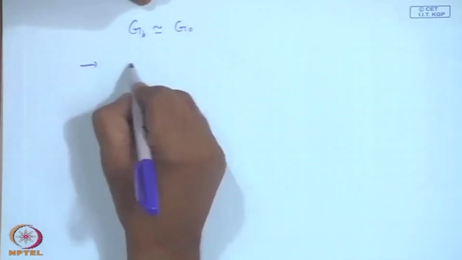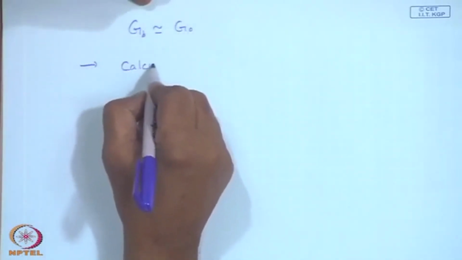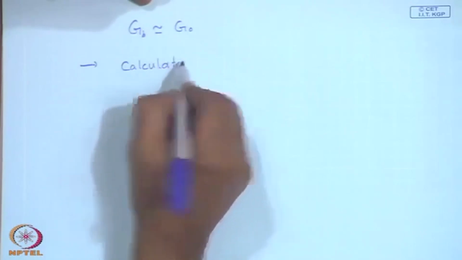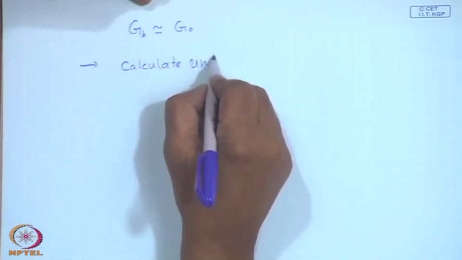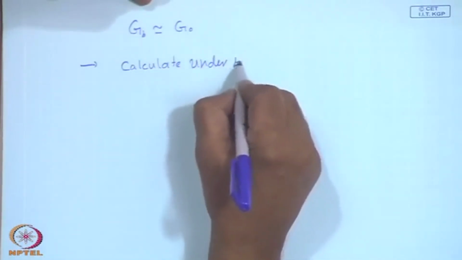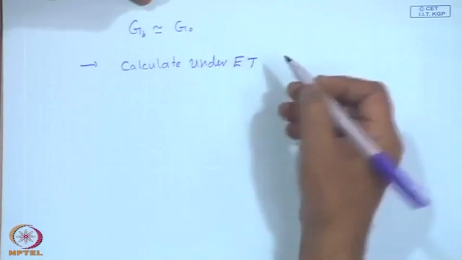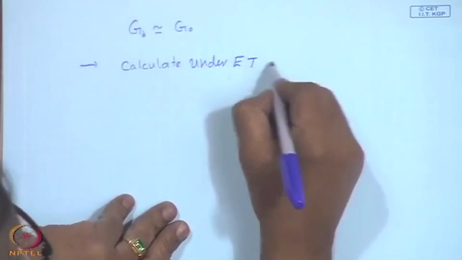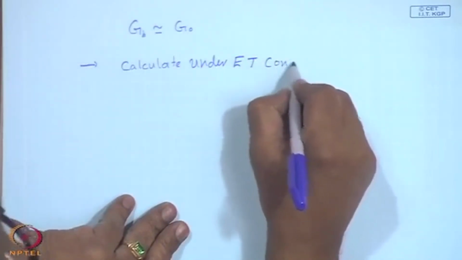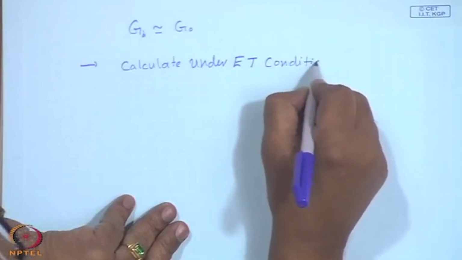That means calculated under ET. Now, I shall use this short form for extraterrestrial condition.